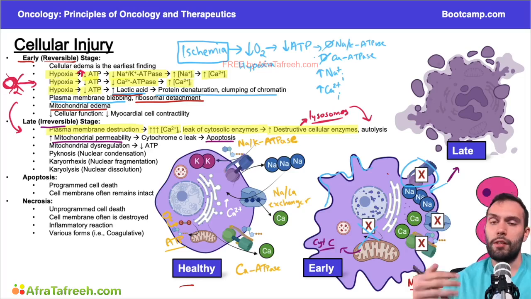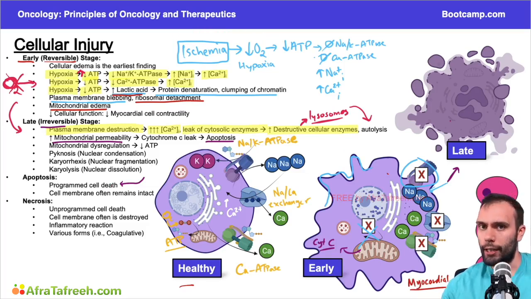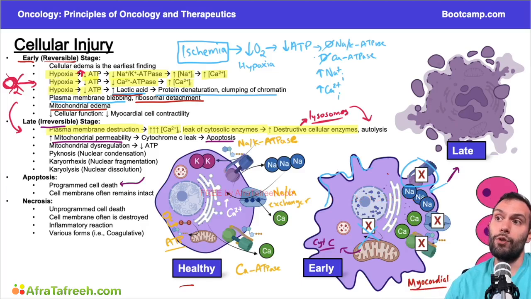Now, apoptosis is basically, as we see here, programmed cell death. This is kind of like a trigger for the cell to say, hey, look, something is wrong. We need to shut things down because at this point there's irreversible injury. You don't want cells that have injury, like the cell we see here, or late stage injury especially, to go on to replicate. You want to shut down the cell cycle, particularly if the injury to a cell was due to a mutation.